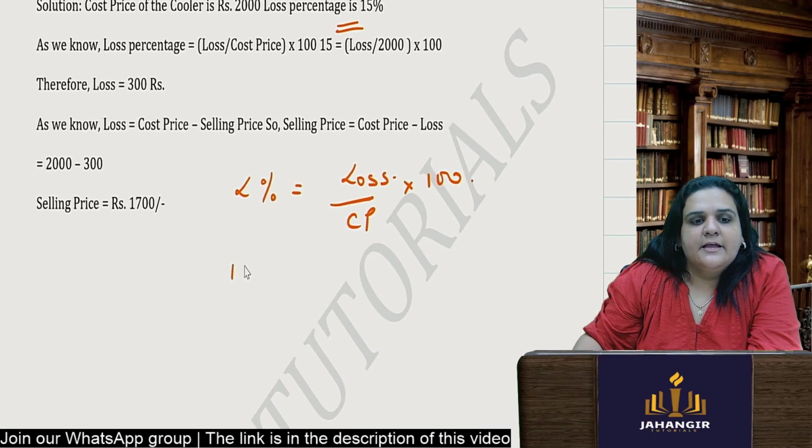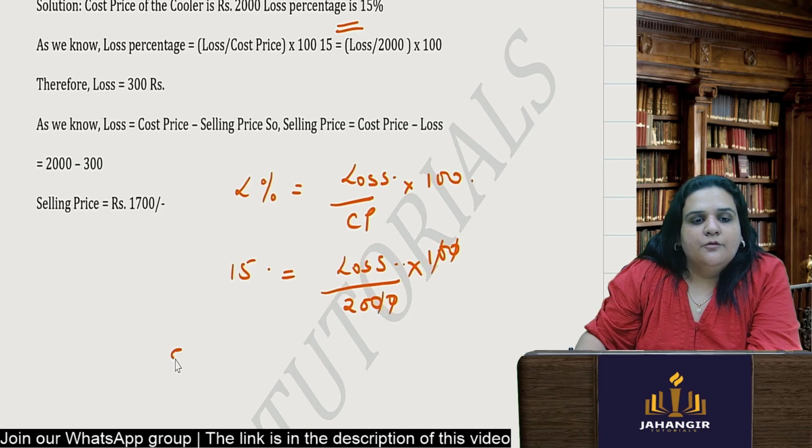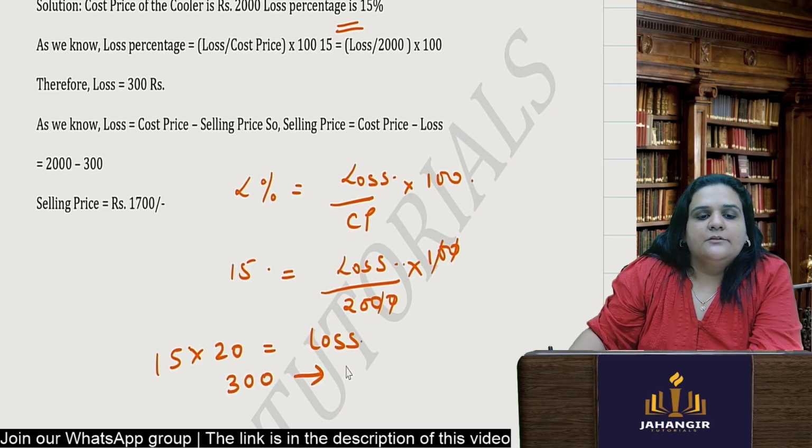Loss percentage they have already given me, 15. So I have to find the loss upon 2000 into 100. So 15 into 20 will be my loss. 15 twos are 30. 300 is my loss.